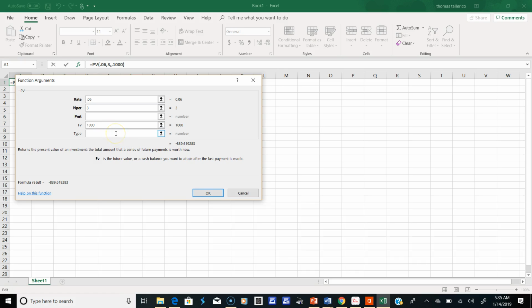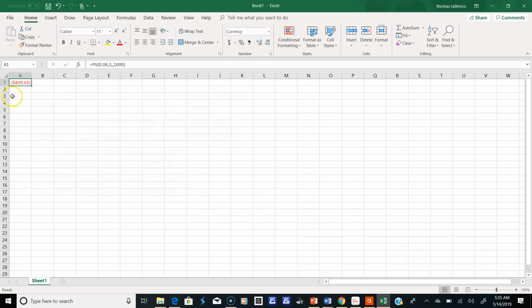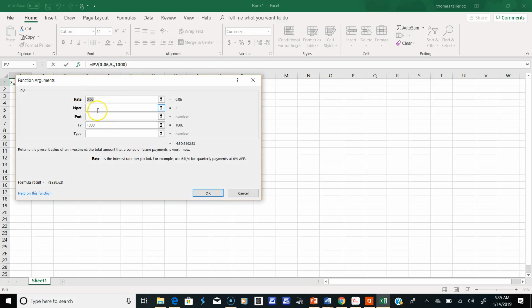And the type is, if you put the money in at the end of the period, that's an ordinary annuity, versus if you put the money in at the beginning of the period, that's an annuity due. You put a 0 or a 1 there, but that's for an annuity. If I had a payment, and then I just type OK, you see it's telling me that if I put 800, and you notice it's red because it's negative, it's coming out of your pocket. What that basically means is if I'm putting $839.62 in the bank today at 6%, in 3 years I'll have $1,000. So that's the present value function.